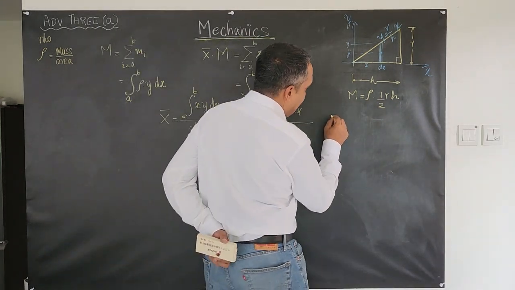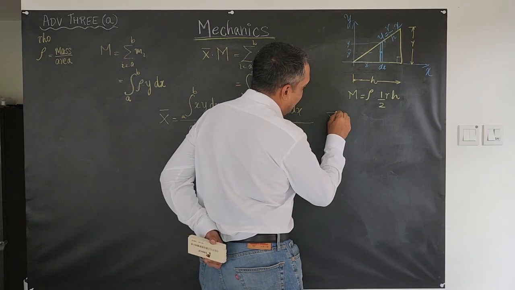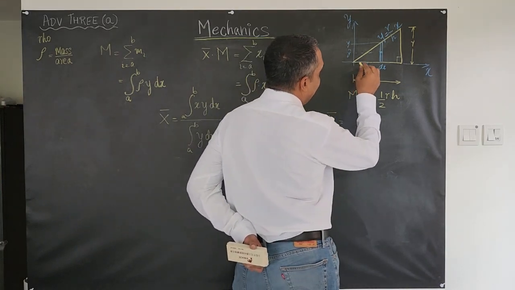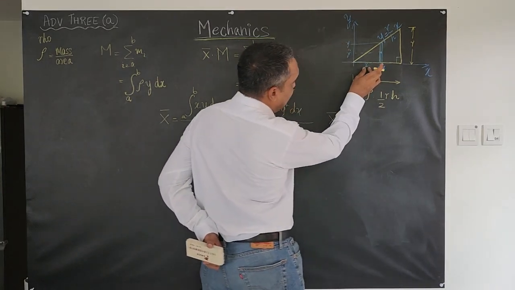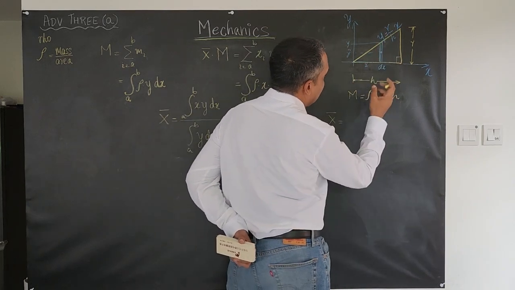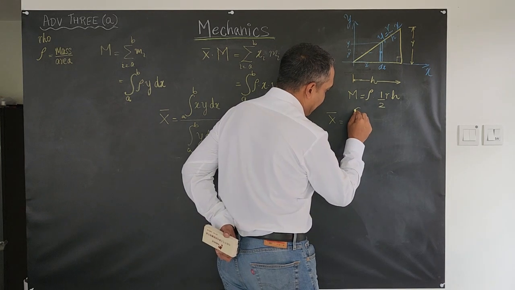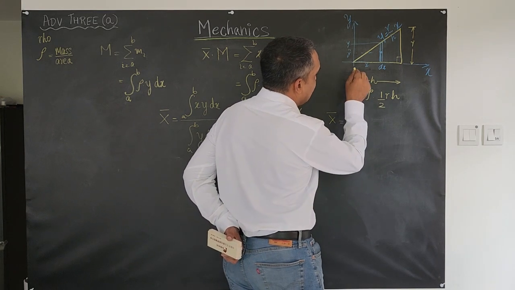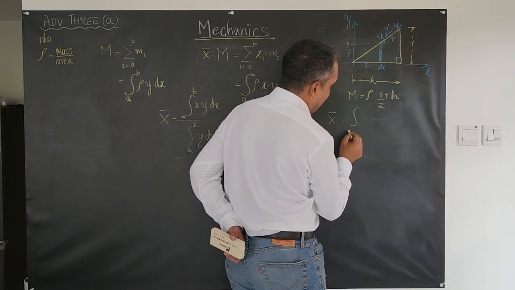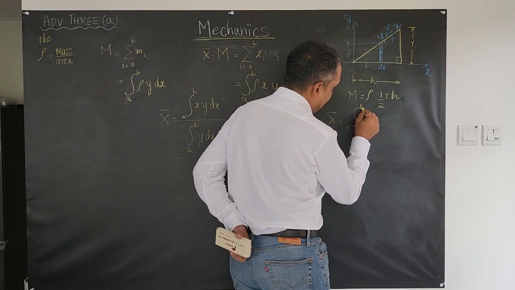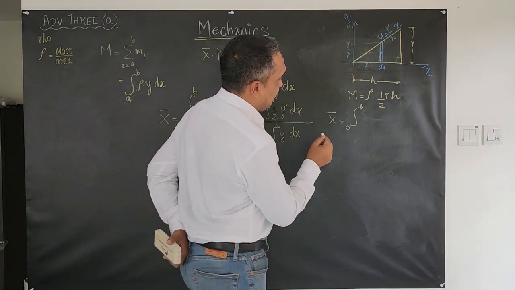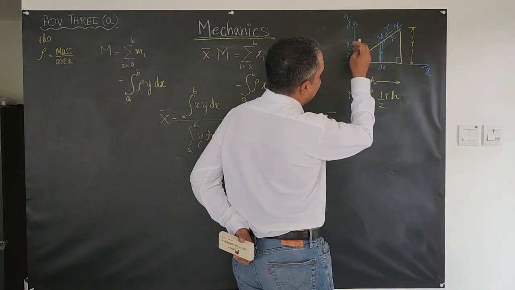And if I want to do my x bar, what am I doing now? I'm basically setting myself up to integrate the little x times the tiny mass, and I'm going to write this as the integral, right? And this time I'm going from 0 to x equal to h. My tiny mass is nothing but y.